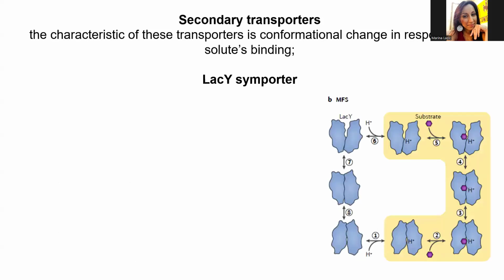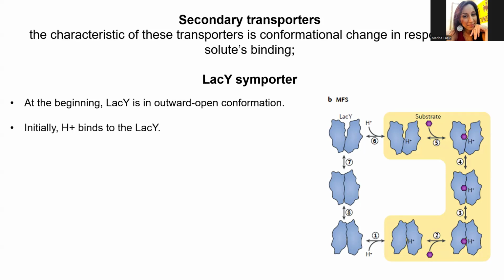Another secondary transporter, which is PMF linked, is LacY, a symporter, and the name should already tell you that this is a symport, which means two molecules moving in the same direction. And you again have conformational change in response to solute binding. So LacY, like the TRAP transporter at the beginning, is in an outward open conformation.